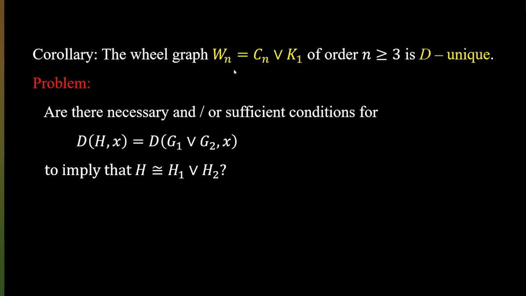So one interesting problem here is: is it possible to find necessary and sufficient conditions so that if H is D-equivalent to the join of two graphs G1 and G2, then H is also the join of two graphs H1 and H2?